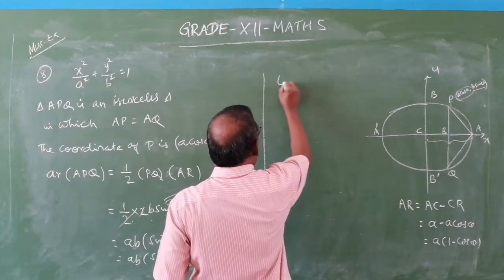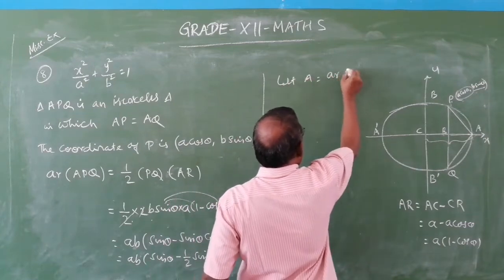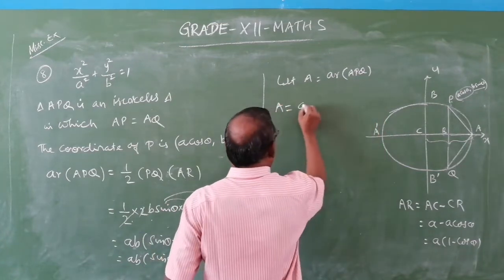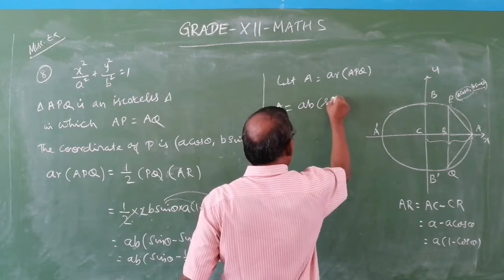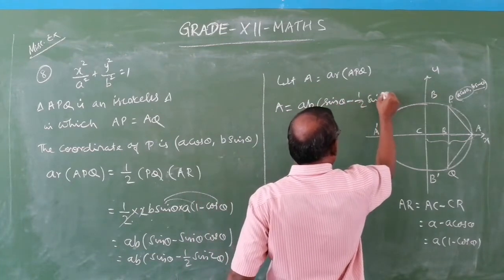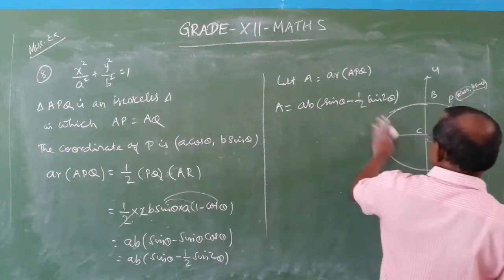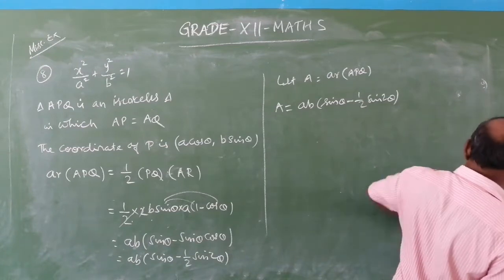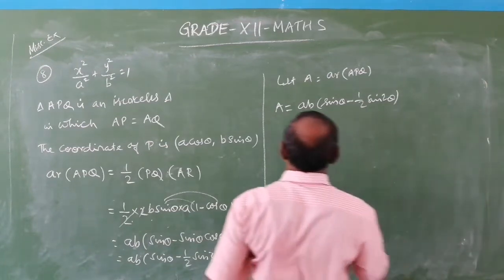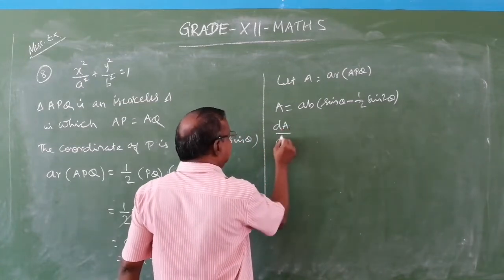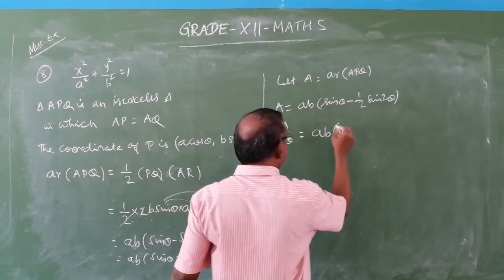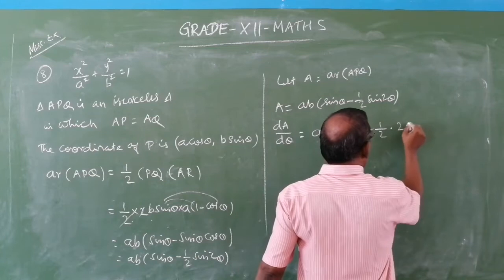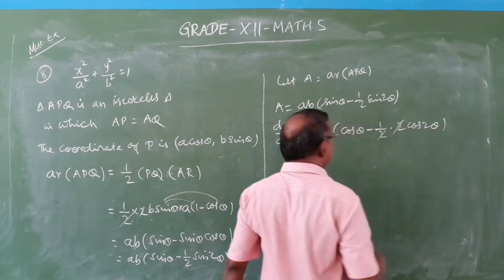Now let A equal the area of triangle APQ. So A is equal to AB into sin theta minus half into sin 2 theta. Clearly A is a function of theta, so we have to differentiate A with respect to theta. dA by d theta equal to AB constant, sin theta becomes cos theta, minus half into sin 2 theta becomes 2 cos 2 theta, that is 2 cancels.